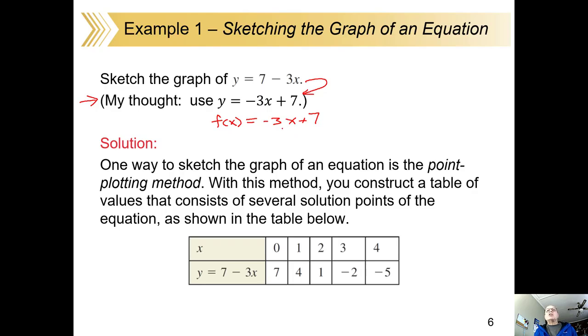When x changes, it gets multiplied by minus 3. 7 is always added at the end. That's constant. The way to sketch the graph is to make a bunch of points. So you pick some x's that seem to make sense for this particular function. Just put them into the calculator and you can find out what each individual y value is.